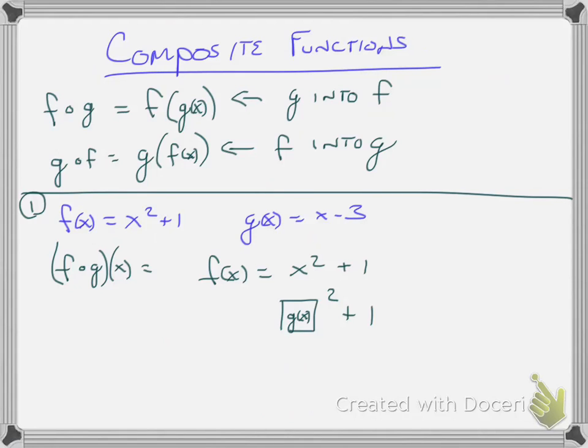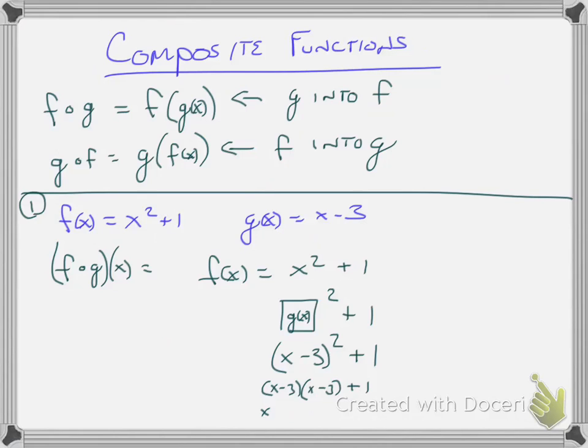Well, what g of x is equal to is x minus 3. So I'm going to have x minus 3, which is g of x, squared plus 1. When I square a binomial, I need to write it out twice and distribute.